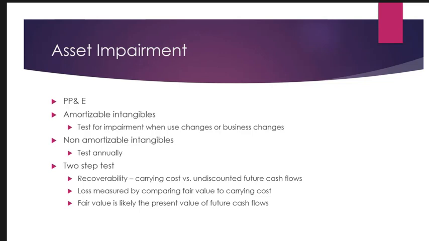Now, there are non-amortizable intangibles. Those have no set useful life, I should say. They have to be tested annually. So for instance, a trademark is not typically amortizable because it has no finite useful life. Trademark is forever.